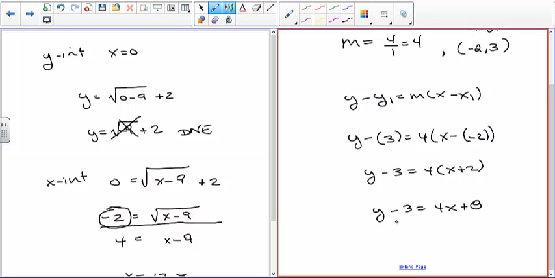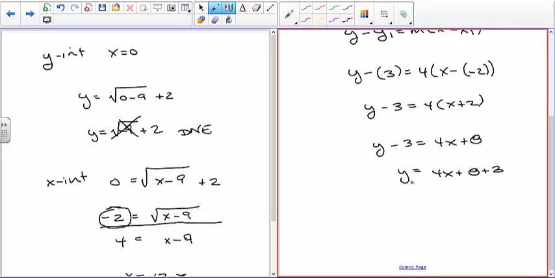And then you'll add 3 to both sides, or you can think about moving the 3 to the other side. Make it positive. So when you add 3 to both sides, you get 4x plus 11. So that's your answer for number 2. As far as points, the first 2 problems were worth 20 points.